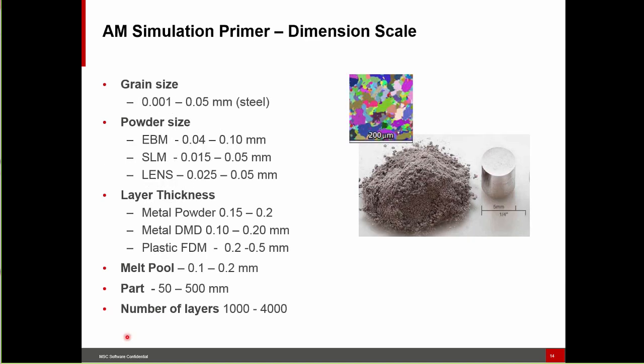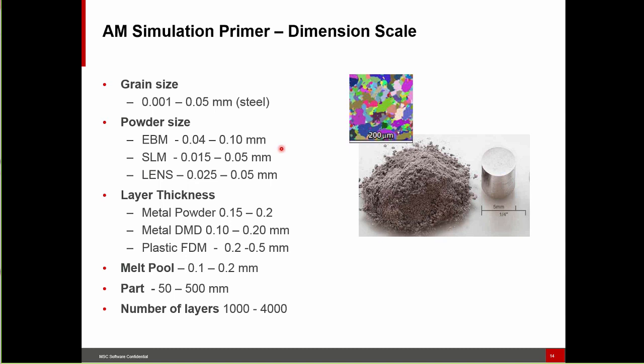The other issue that makes this challenging from a simulation perspective is that we have different orders of dimension scale. We can think about grain size, which is important for the final hardness of the product. We can talk about the powder, which is a fraction of a millimeter in size, depending on which technology you use.